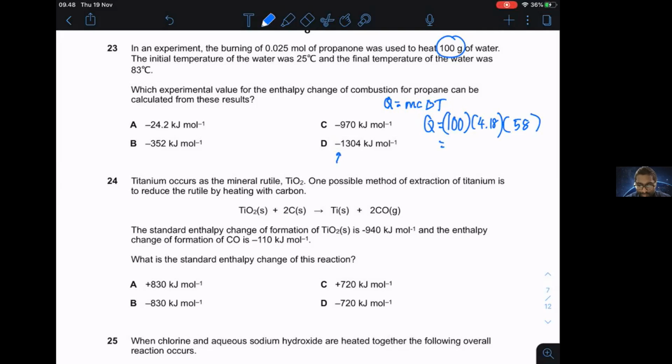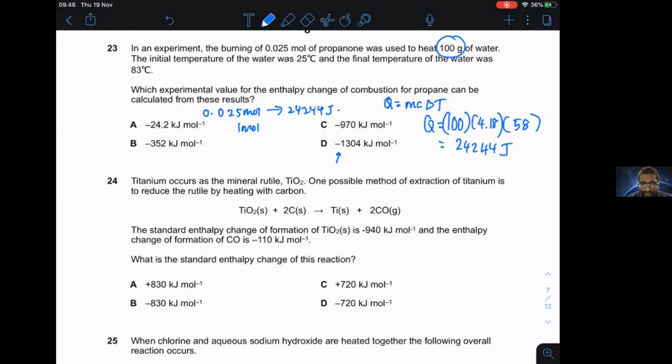100 times 4.18 times 58, so you are going to get 24244. That's going to be joule, and this is for 0.025 mole of propanol. They give you 24,244 joule, but I want it for 1 mole of propanol.